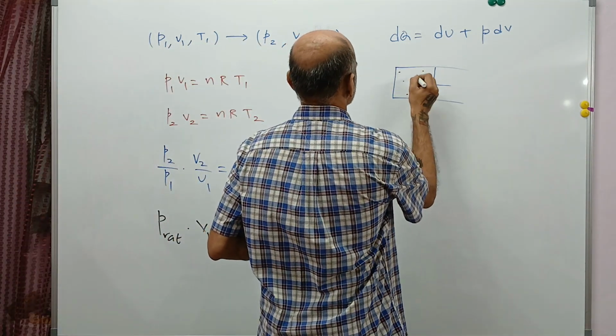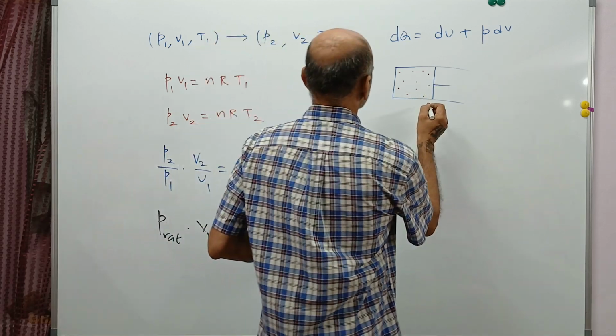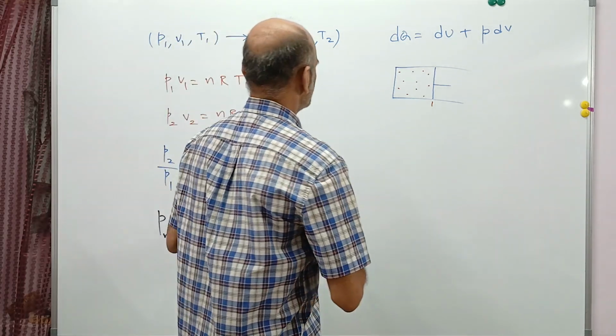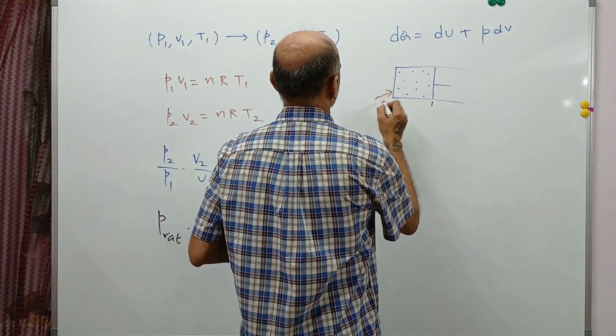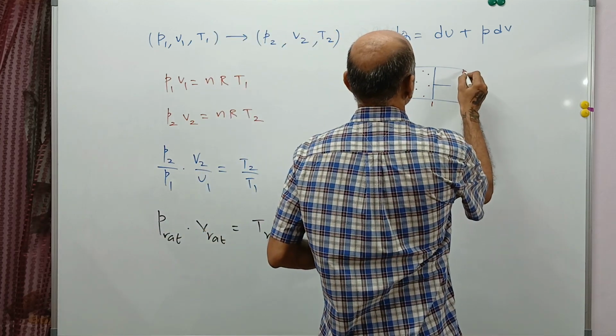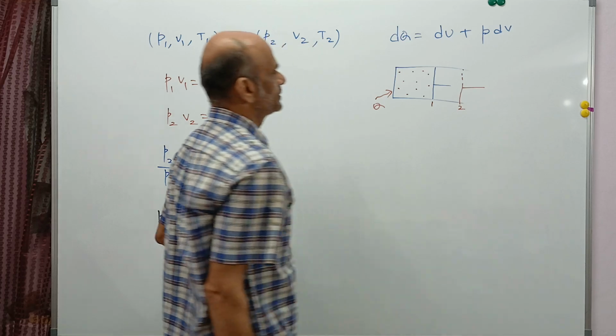The gas is in this enclosed volume. Let the piston be here at the initial state, state 1, and heat is supplied to it. So the volume is expanding and the piston is moving to state 2. So this is state 2.